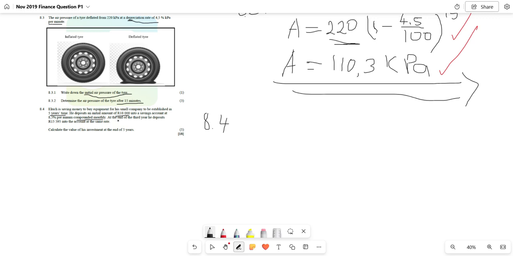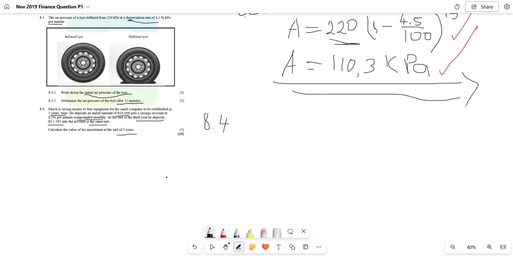It says at the end of the 3rd year, because in a nutshell it's going to take 5 years, because he's going to establish this company in 5 years' time, he deposits a further 15,595 into the same account at the same rate. It says calculate the future value of his investment at the end of the 5-year period.